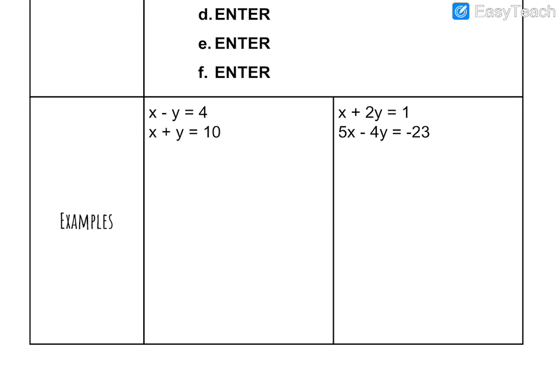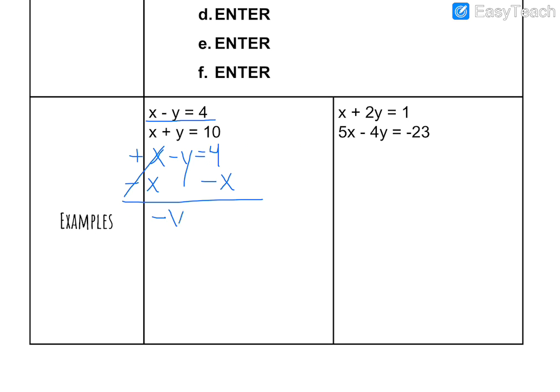Like I said, we need to first get them into y equals mx plus b form. I'm going to work with this top equation first. We have x minus y equals 4. We need to move the x term, so we do inverse operations. We have a positive here, so we subtract it. x minus x will cancel.